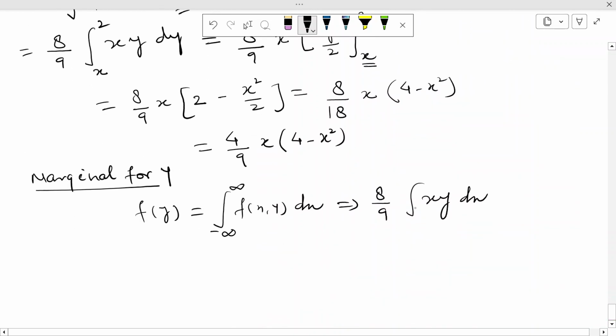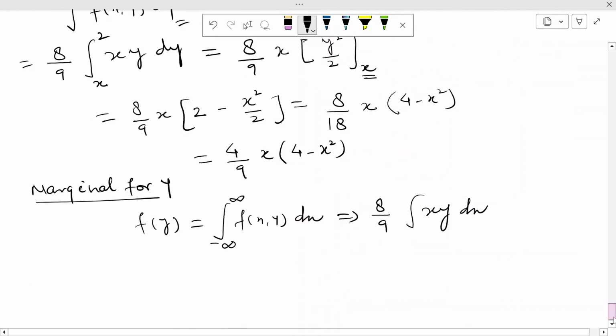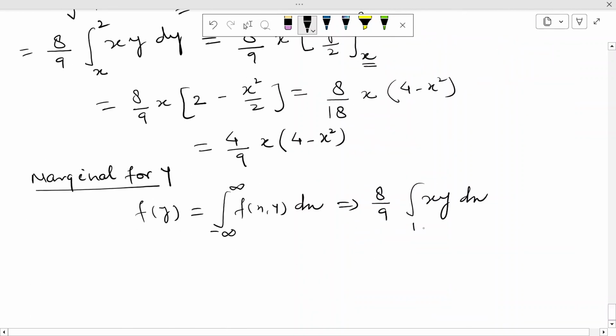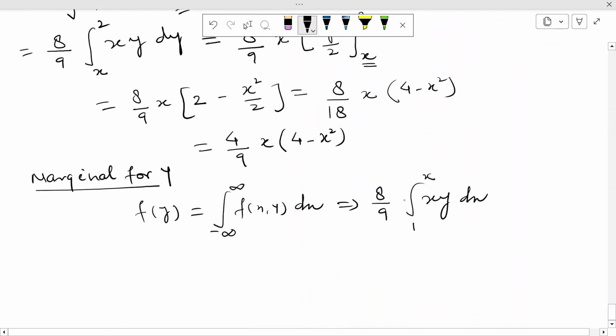So our limits, as per this horizontal strip, are 1 to, and in place of y I am writing here x. Sorry, this is not x.